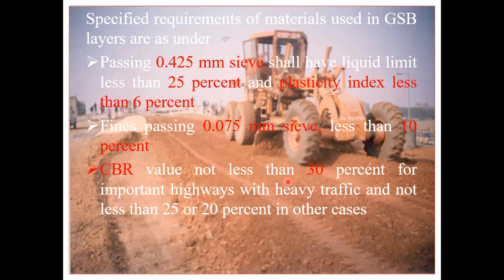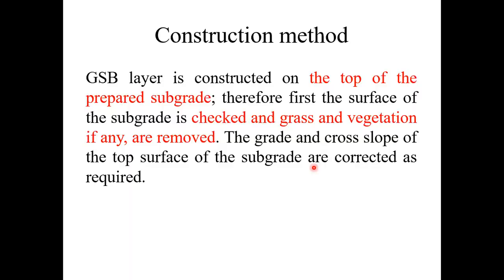For other roads, like district roads or village roads, a CBR of 20 or 25% may be satisfactory. So the three points are: liquid limit less than 25%, plasticity index less than 6%, and fines passing 75 microns less than 10%, meaning at least 90% of the soil is retained. There should not be much fines. Then the CBR value should be greater than 30%. These are the limitations.